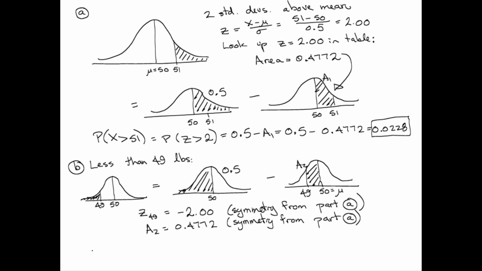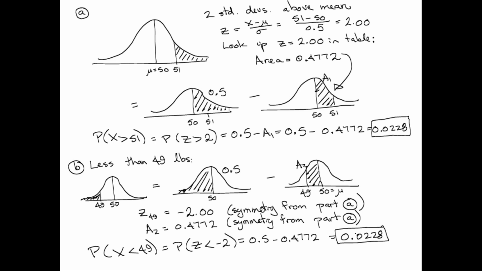Okay, and so therefore the probability that x is less than 49, that's going to be the same as the probability that z is less than -2, which is going to be 0.5 minus 0.4772, which once again is 0.0228. Exactly the same as in part A because of symmetry.